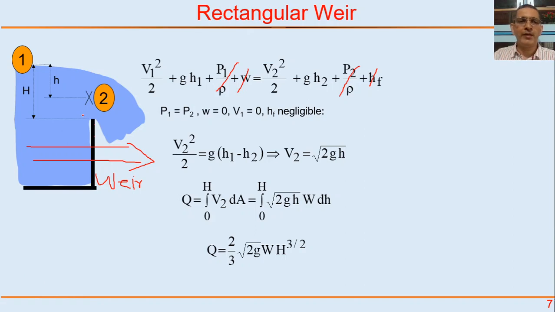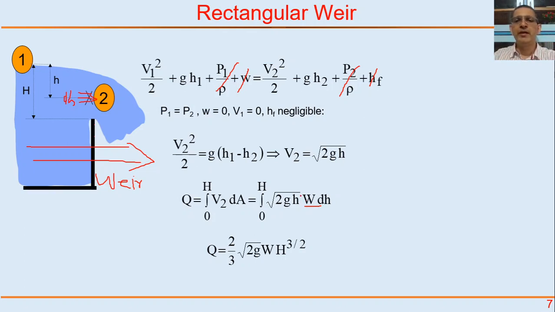Now I can take a differential element like this. Flow rate through this differential element would be V2 multiplied by area of this cross-sectional area. Velocity is in this direction. Cross-sectional area is perpendicular to this velocity. So that's dh. Dh, if you like, is the height of that differential element multiplied by w, that is the width in the direction perpendicular to the screen.